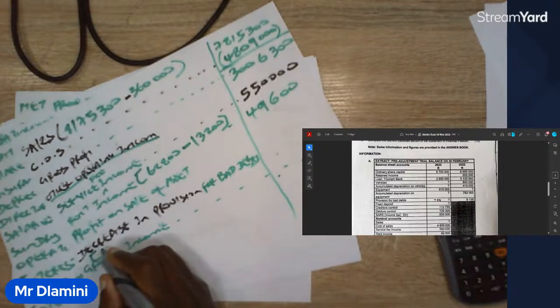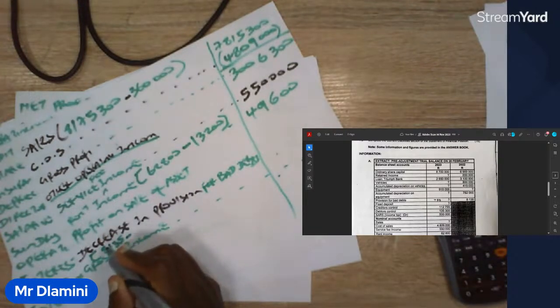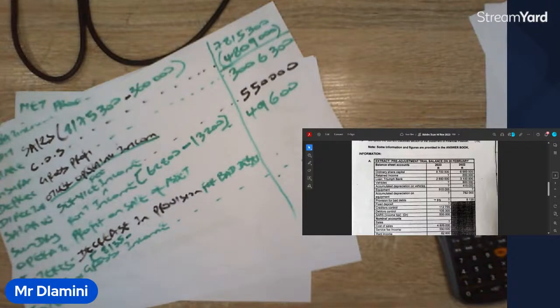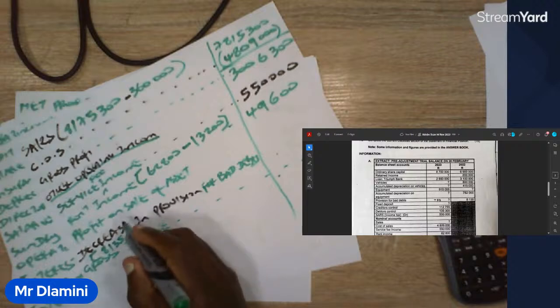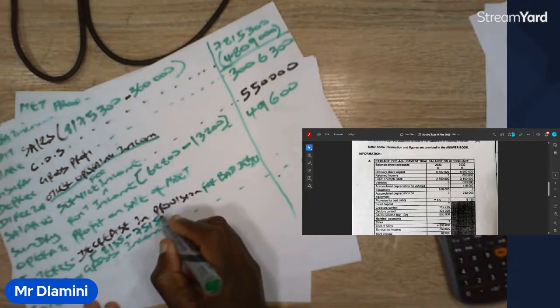We have 8,135 minus the one that we are given. Let's put adjustment C minus 7,515. Okay, let's go to page 4, adjustment C.